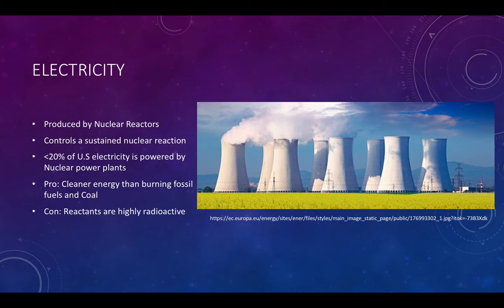Another application is electricity. This is produced by nuclear reactors. These guys right here are nuclear reactors. They control a sustained nuclear reaction. In 2007, less than 20% of U.S. electricity was powered by nuclear power plants, which is pretty cool. The great part is that nuclear energy is actually cleaner than burning fossil fuels and coal.